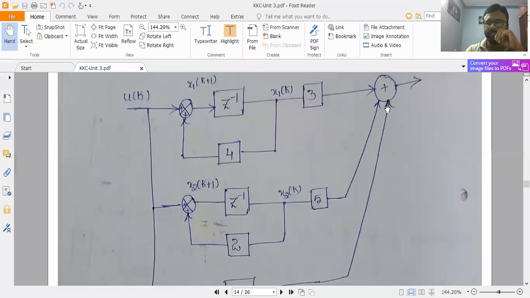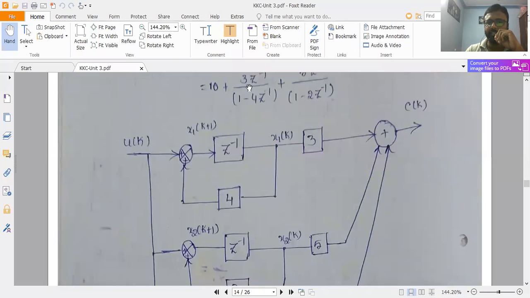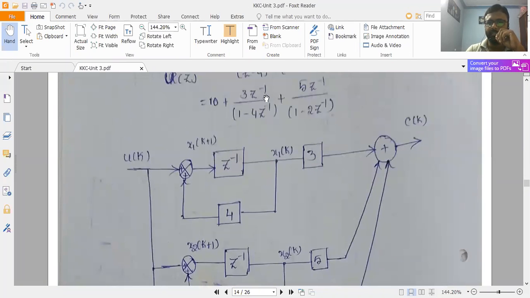The second term we get is 3 z inverse divided by 1 minus 4 into z inverse. So the z inverse term is represented here, the z inverse is multiplied with 3, and the feedback term we get as 4.